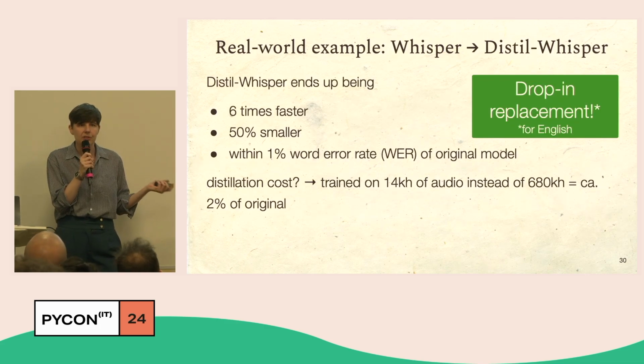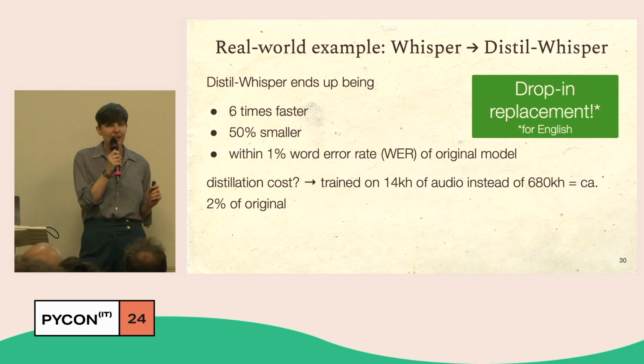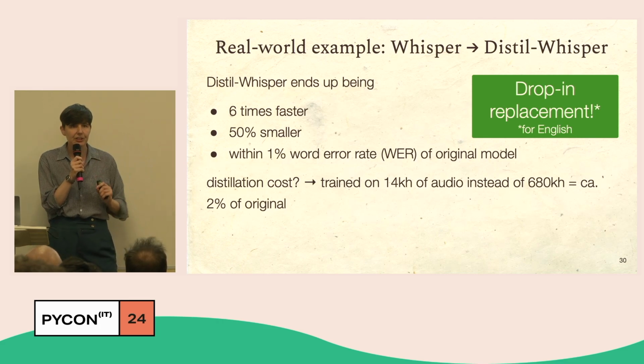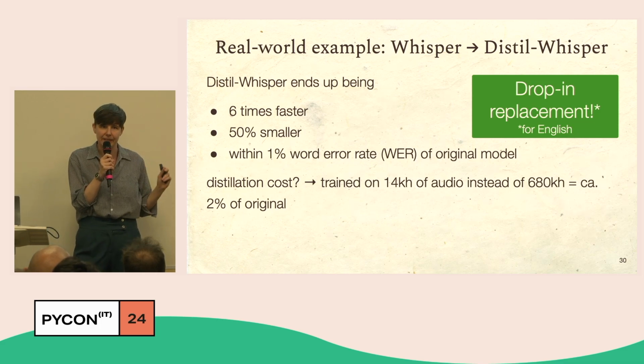In this way, the Distil-Whisper ends up being 6 times faster, 50 times smaller, and with nearly exactly the same performance as the original model, at least for English, at a cost of only 2% of the original training data. And I think this is completely amazing.